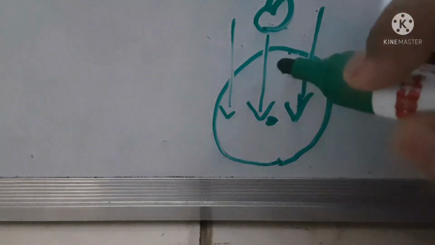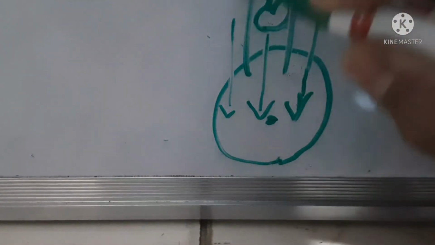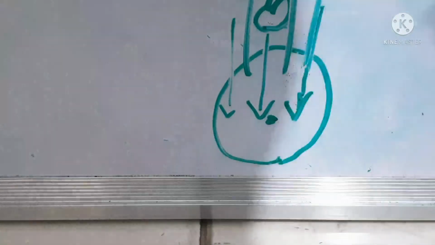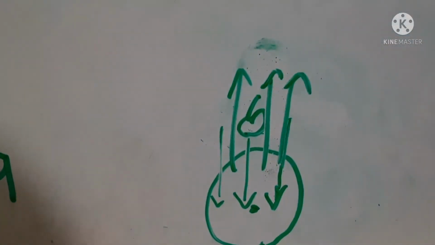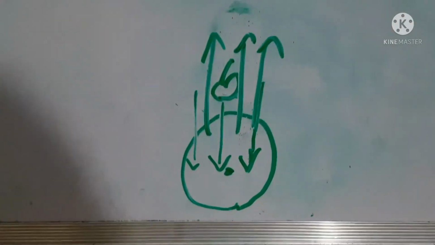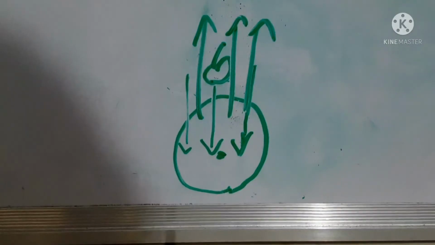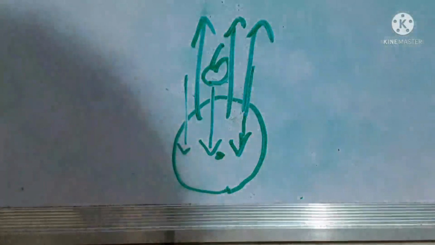So it is going to pull the earth up. So here, as we are seeing, there is some kind of Newton's third law acting. The earth is pulling the apple, and the apple will also pull the earth with the same force but in the opposite direction, which I've shown in the arrow.